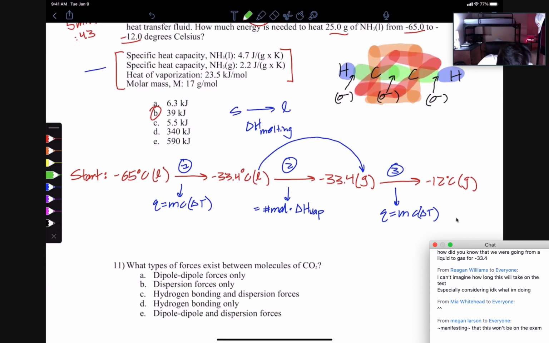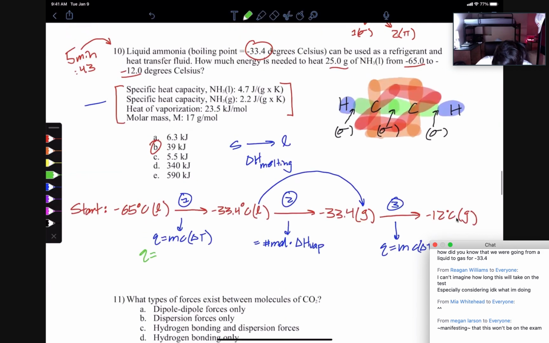So first off, Q equals MC delta T. Our mass is given to us. It's 25 grams. Our C, our specific heat, as a liquid. They have different specific heats as a liquid and a gas. So as a liquid, that's going to be 4.7 joules.